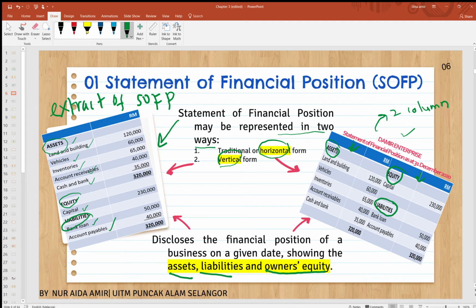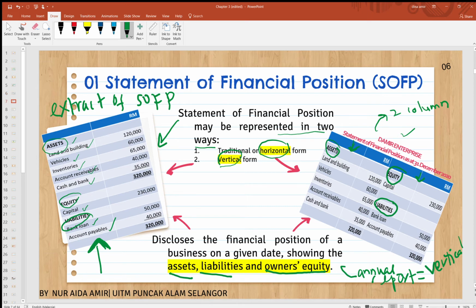In annual reports, mostly they show the vertical format. Horizontal is mostly used when we do the ledger. I will teach you that later, because I just want you to focus on how it is represented in the statement of financial position.